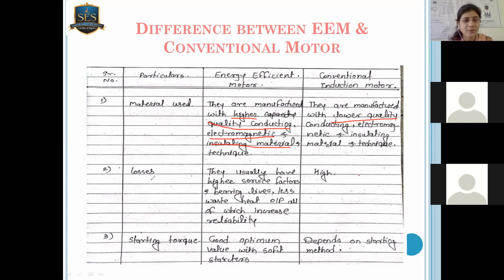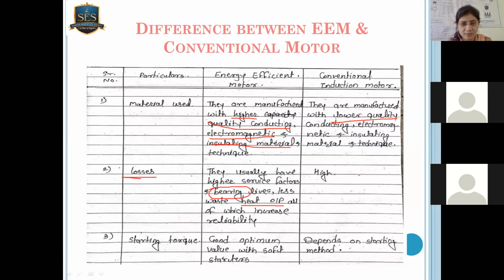Okay, after that, losses. They usually have higher service factors and bearing lives, and less waste heat output, and bearing failure. As we know the motor is a rotating part, so obviously the bearing is an important part in rotating machines.